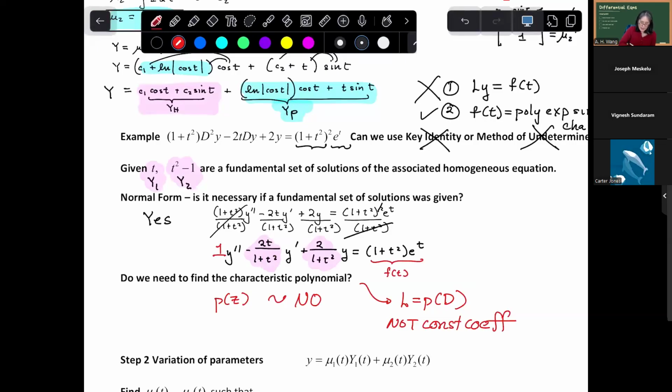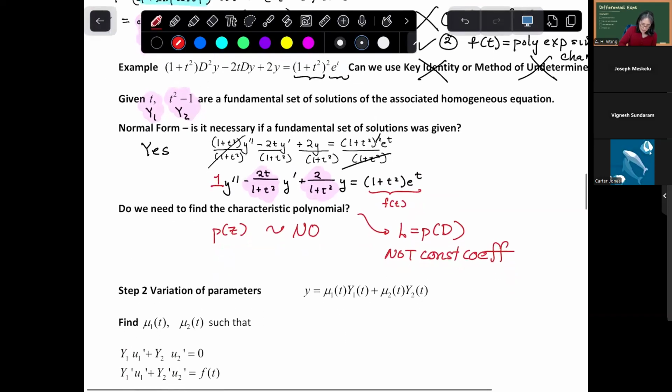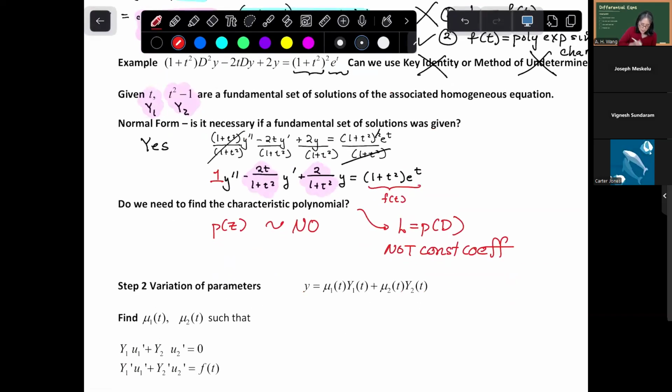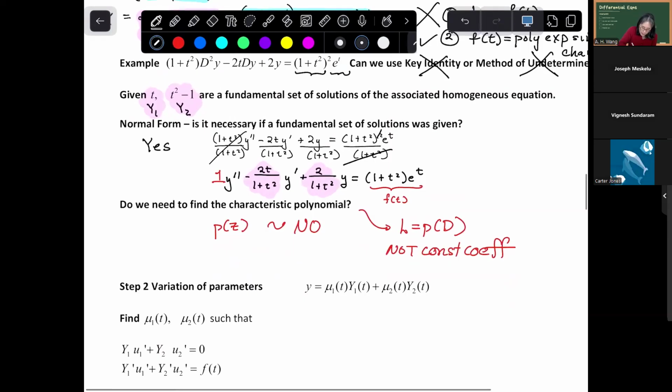Okay, now we're finally ready. We're going to do variation of parameters. So in other words, YH is going to be C1 Y1 plus C2 Y2. When you vary, it's going to look like this. Let me write that out again for you.